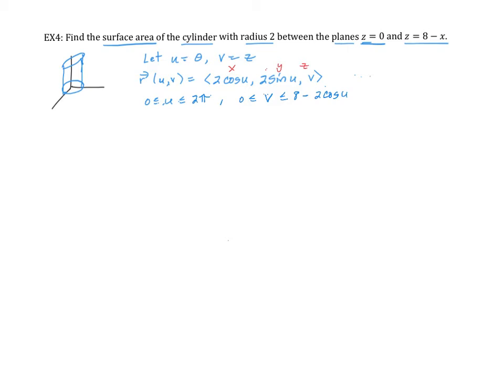The next thing to do is to compute the cross product of these tangent vectors with respect to u and v. I, j, k. Looks like it's going to be negative 2 sine of u, 2 cosine of u. K would be 0. And then it looks like it's going to be 0, 0, 1. Well, that's not too bad.